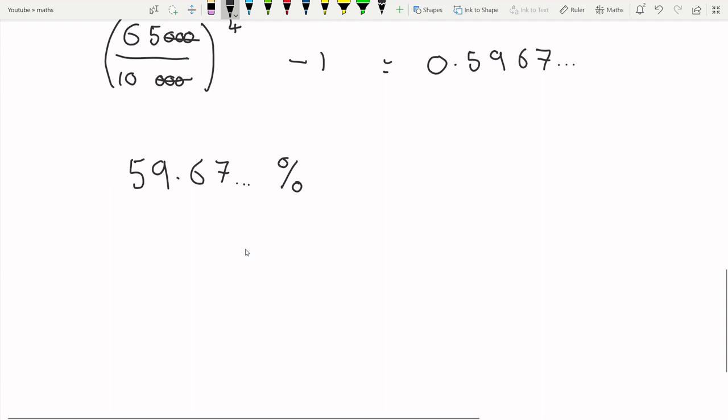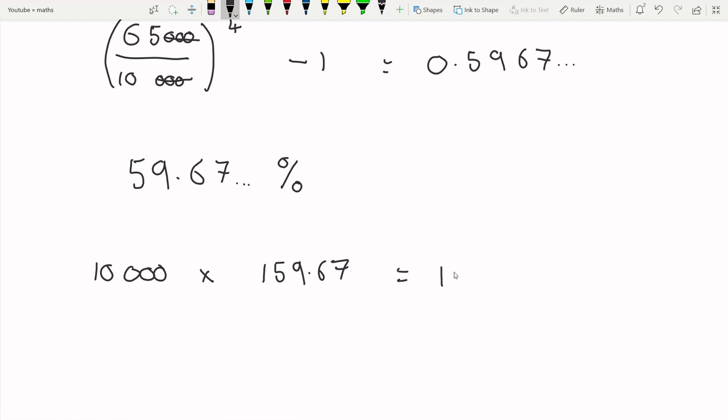We can check it manually by taking our 10,000 times by 159.67, using the percent button, and this gives us 15967.